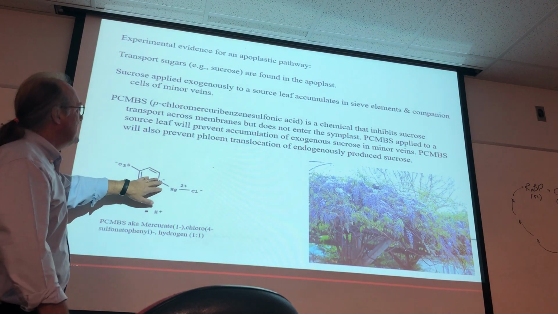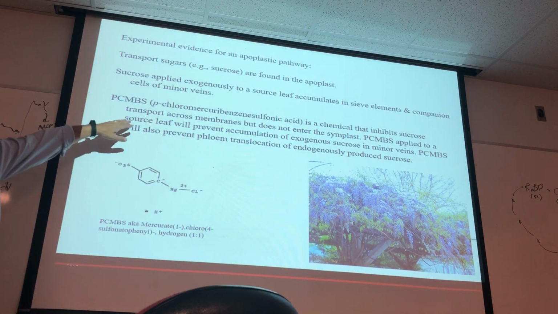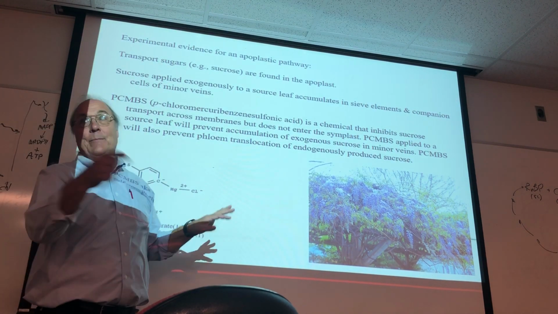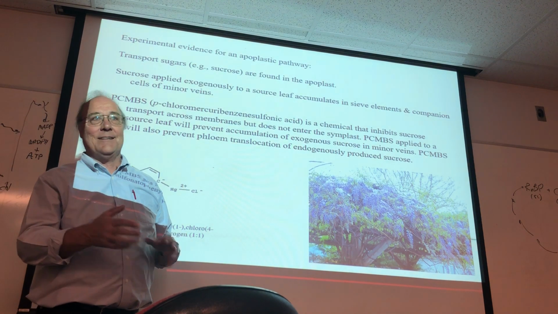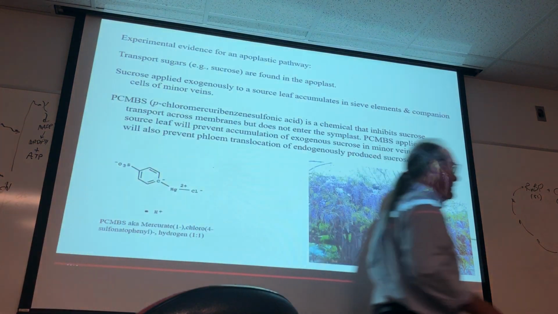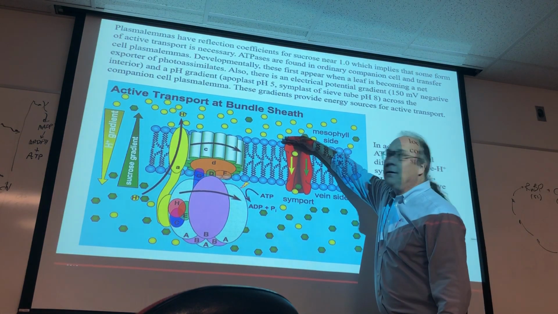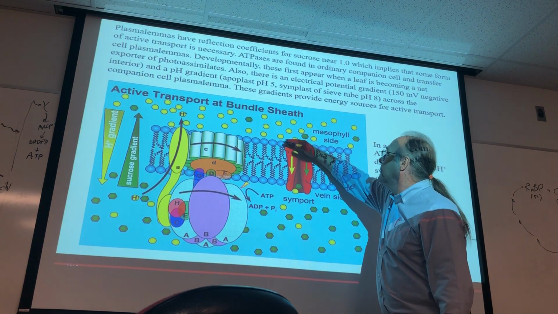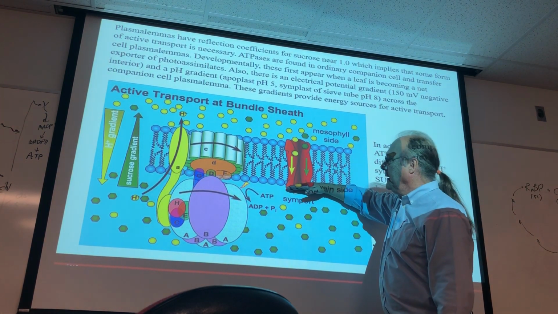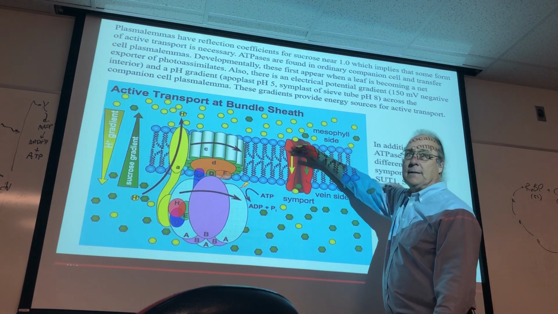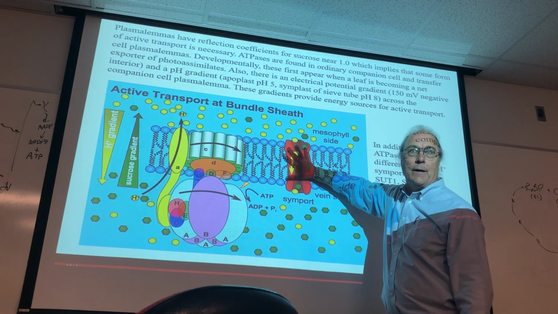And this molecule, PCMBS, is a chemical that inhibits sucrose transport across membranes, but it can't move across the membrane itself. It's a weird one, right? So it acts to block this off, but it can't penetrate the cell, yet it makes the transporter stop working.